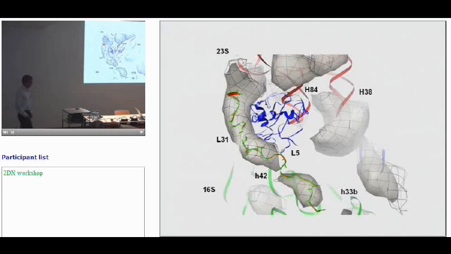This is the MRC convention, so we use the figure of merit.